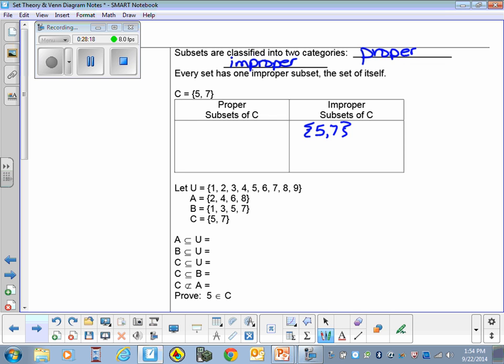You have to look at every possible combination. So there's no other way to just write two numbers, but I could separate each element out, and I always have to include the empty set in any list of proper subsets. Not bad at all if you only have two elements.